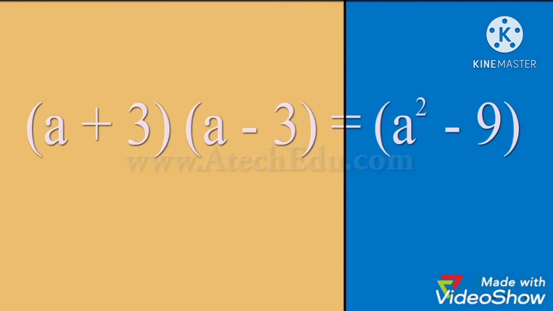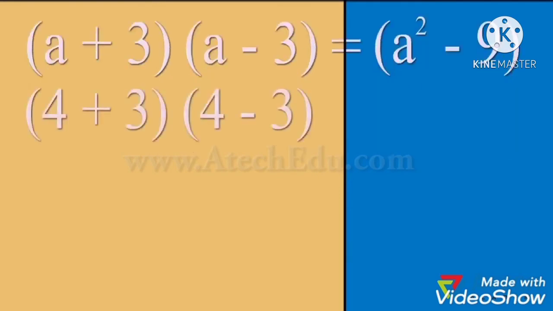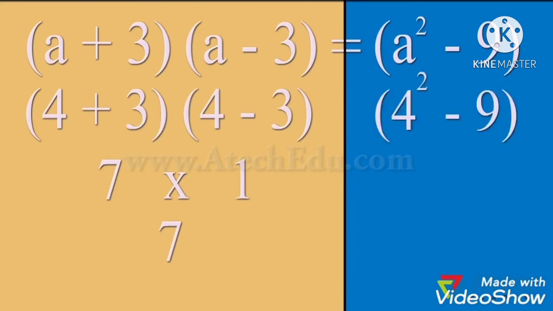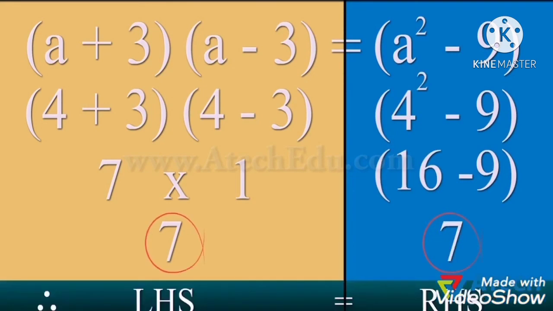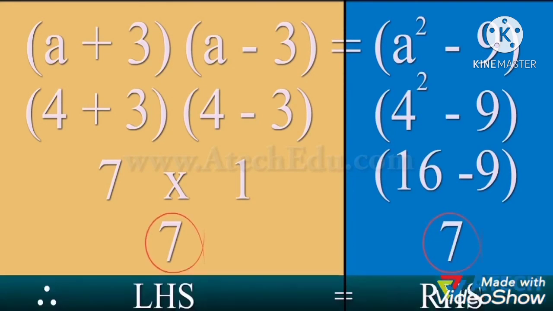Upon putting a equal to 4 in LHS, we get 7. Upon putting a equal to 4 in RHS, we get 7. Hence, LHS equals RHS for a equal to 4.